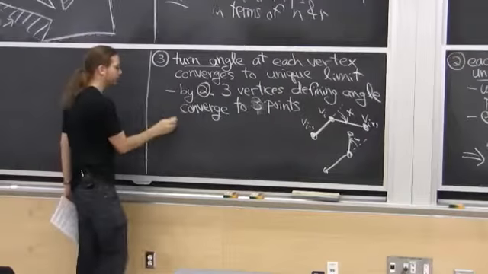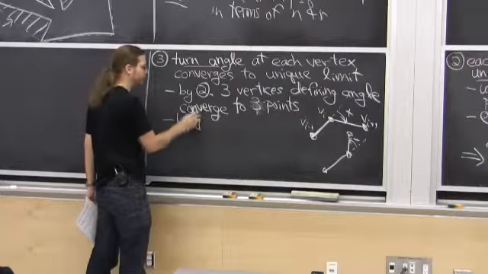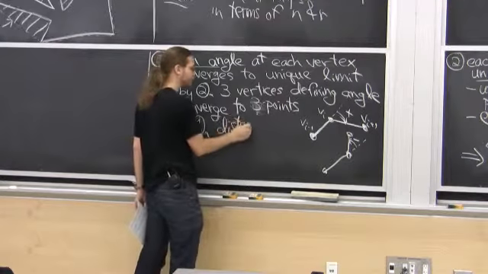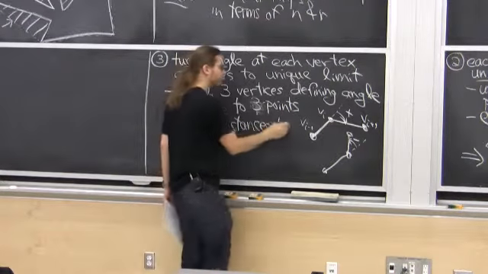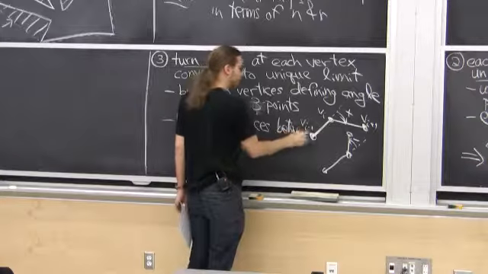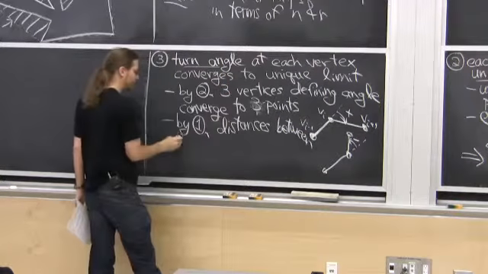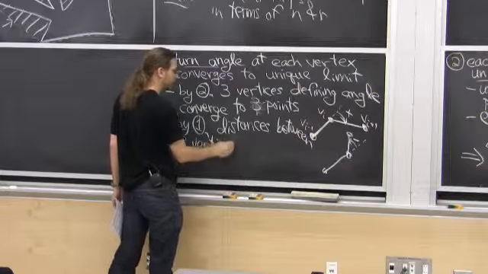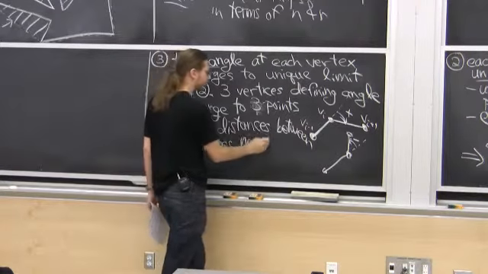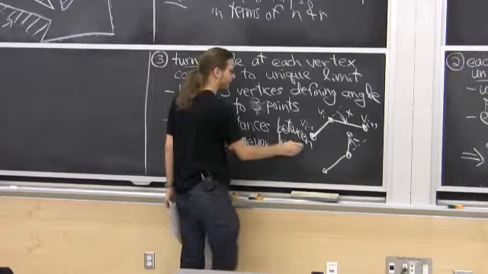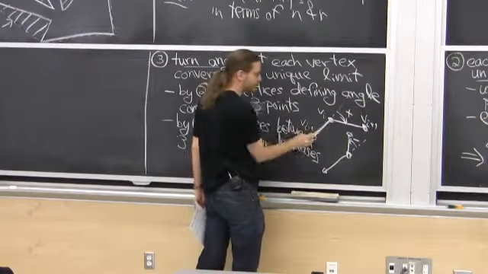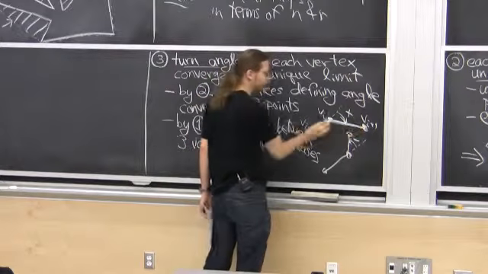We also know, and you can prove this using part 1, that the distances between these 3 vertices never decrease. The interesting part, I mean, the distance between these 2 vertices is fixed, between these 2 vertices is fixed.